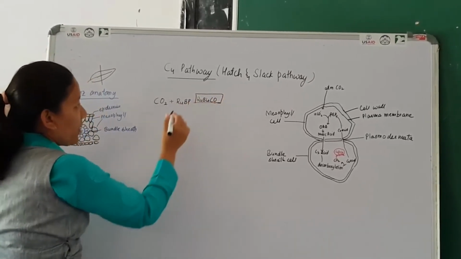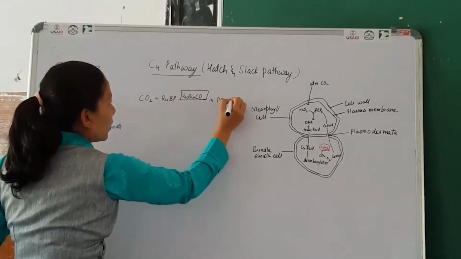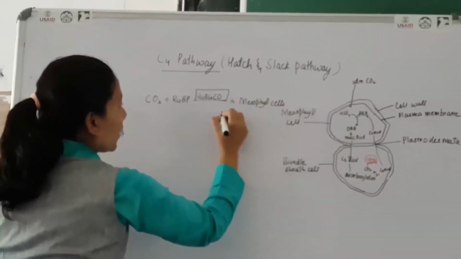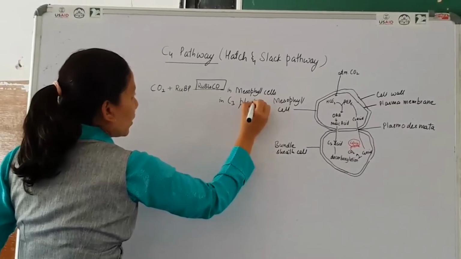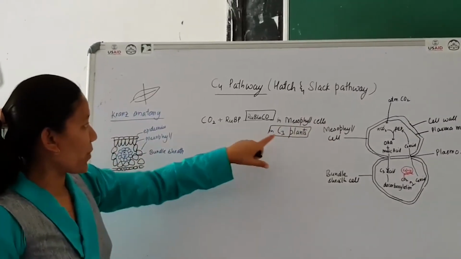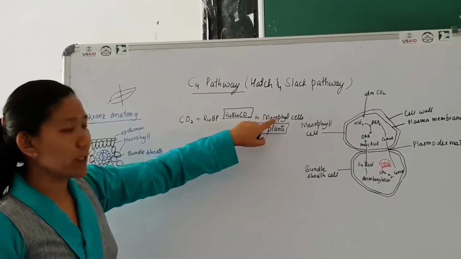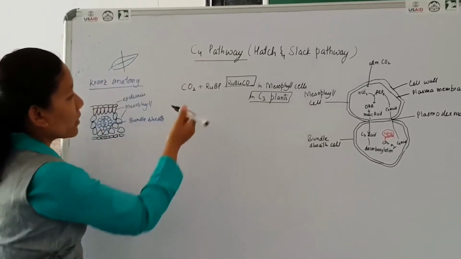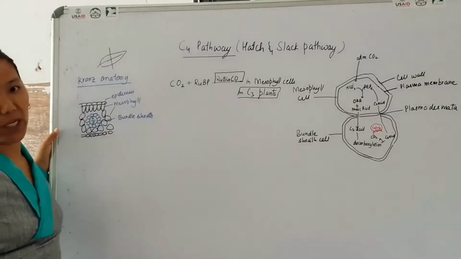This usually happens in mesophyll cells in C3 plants. So here, if you look at C3 plants, the primary acceptor of the carbon dioxide is present in mesophyll cells. But here, in the case of C4 pathway, the primary acceptor of carbon dioxide is not RuBP.